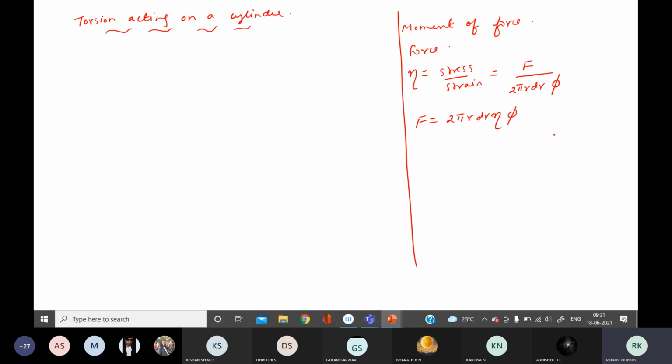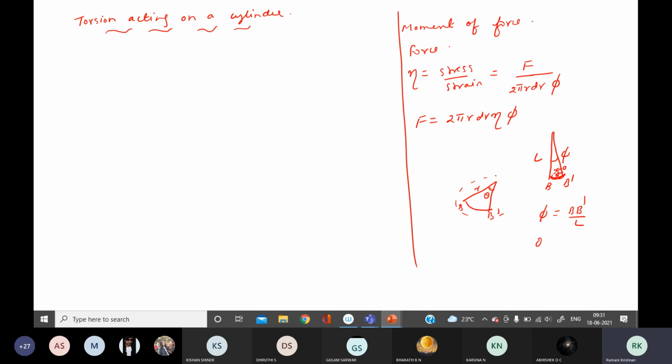Now for φ, if you remember the diagram, this is φ and this length is L. This is BB dash, so φ is equal to the change caused, BB dash, divided by L. At the lower end of the cylinder, this is θ, the twist caused at the lower end, and here we are talking about the radius R of the layer.